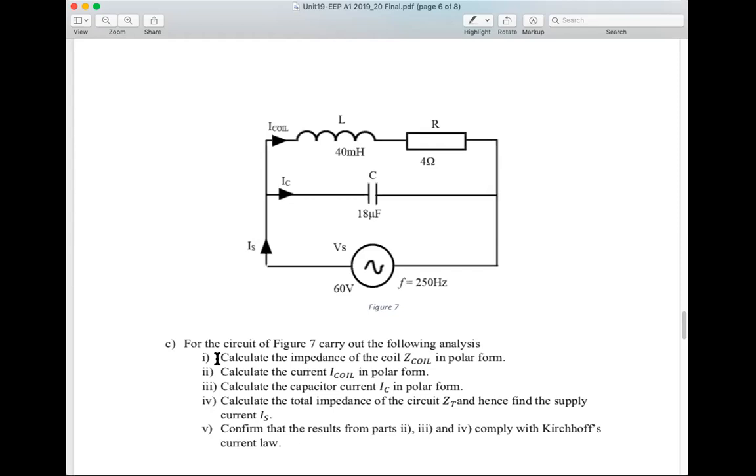Because your resistor's got no angle associated with it. You've got the formula for the total impedance of that coil in your notes. Then you're being asked to calculate the current. So once you know the total impedance of the coil, you can then use Ohm's law with the complex numbers to calculate the current I coil.